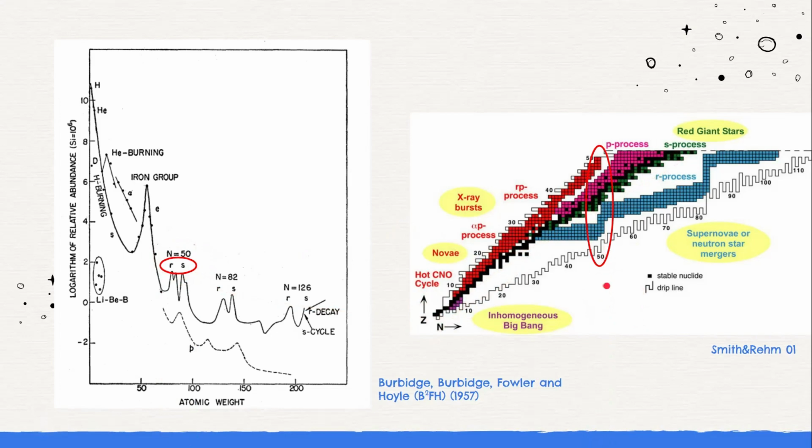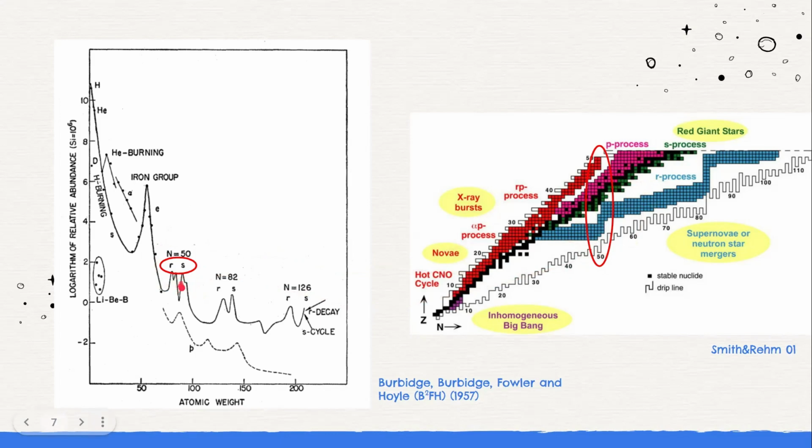What's shown here is that the S process, in dark green, is very close to the stable isotopes, but the R process, in blue, is further away. So for the same N equals 50, the R process has a smaller Z. That explains the shift here: the R process has a smaller atomic weight compared to the S process.